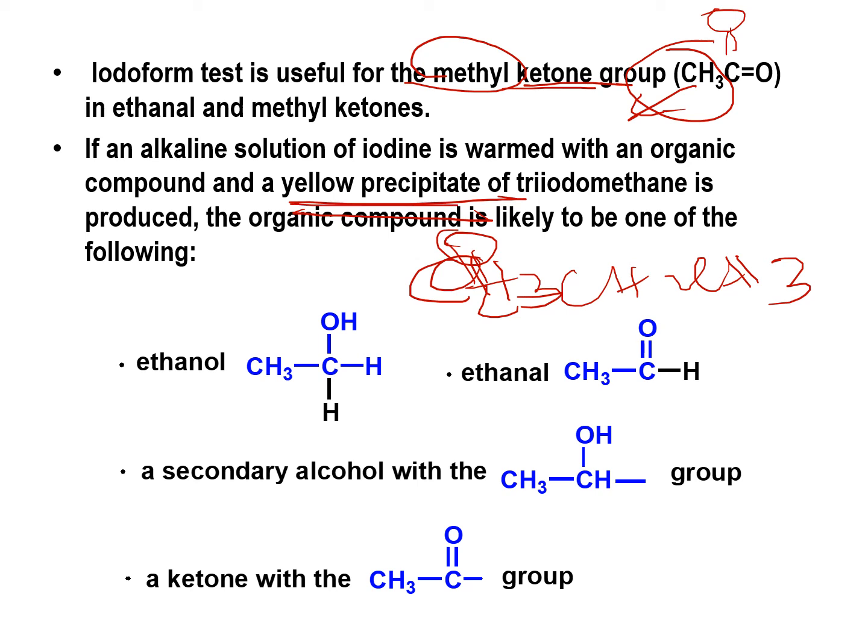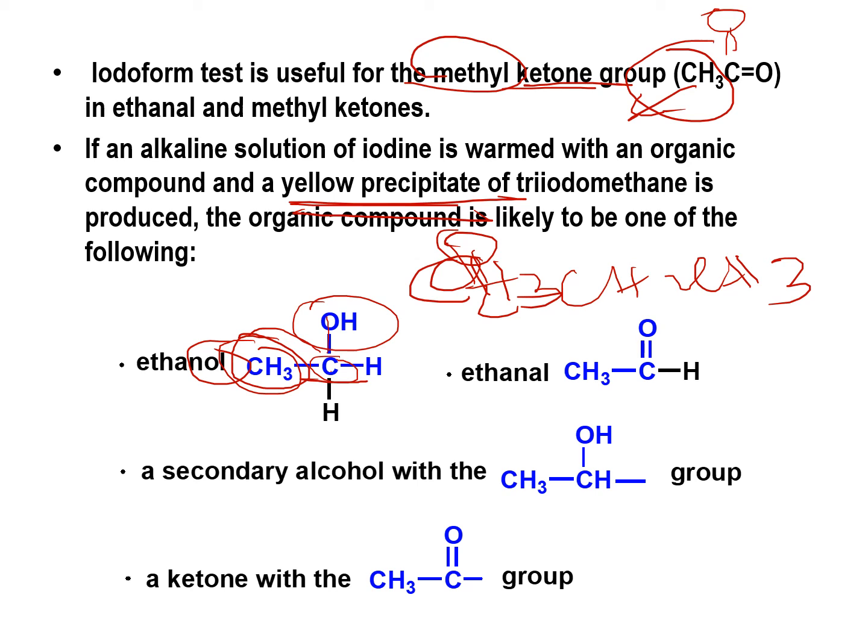This is an example. It is not necessarily only aldehyde and ketone, any functional group. If you have ethanol, the carbon attached to the OH has a methyl group next to it. So it will form a yellow precipitate in the iodoform test.